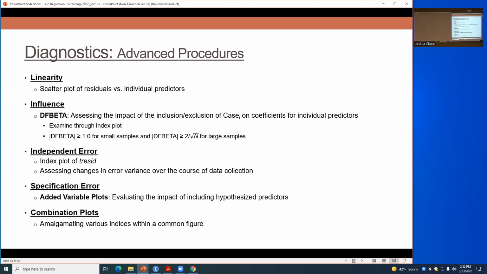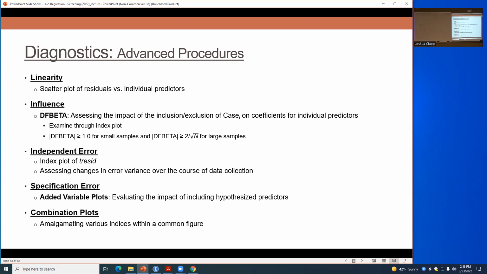Like if I have cases 1 to 20, or let's say 1 to 100, and I find that in terms of my residuals, or how far I'm off, for early cases, like 1 to 50, my residuals are pretty low. But as I get farther along in my cases, my error gets more and more and more.